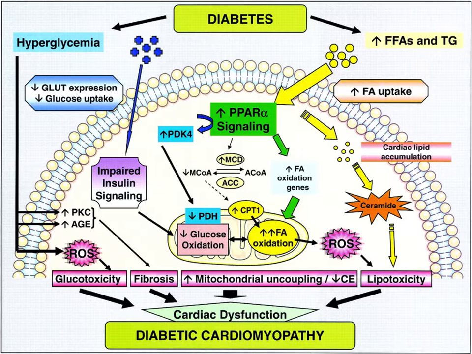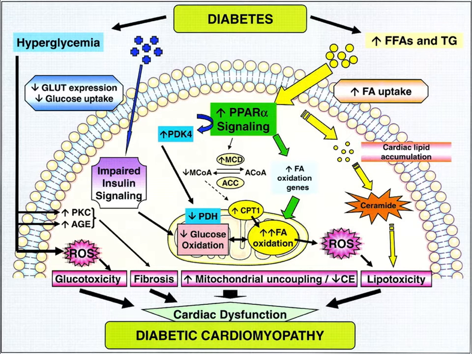The diagram is showing that this increase of free fatty acids upregulates PPAR signaling, and that increase in PPAR signaling increases the fatty acid oxidation genes, which increases oxidation, which releases ROS, and this could cause lipotoxicity.